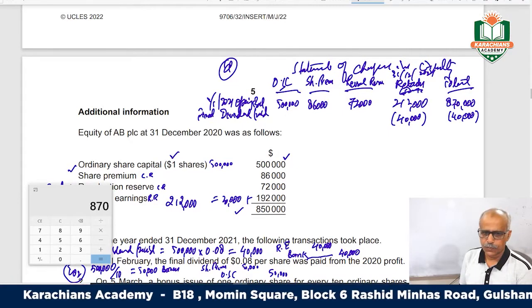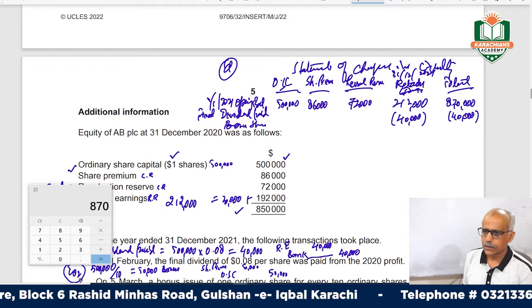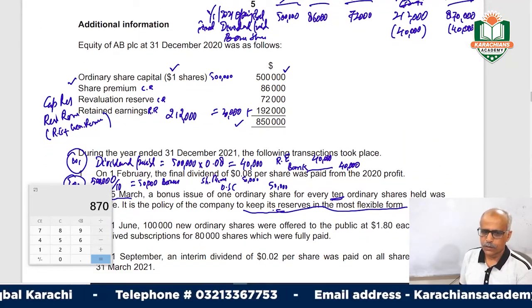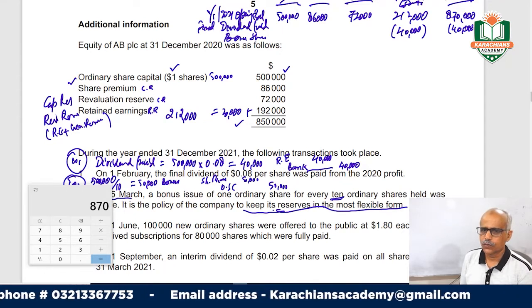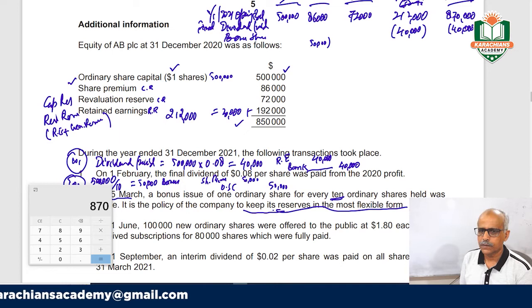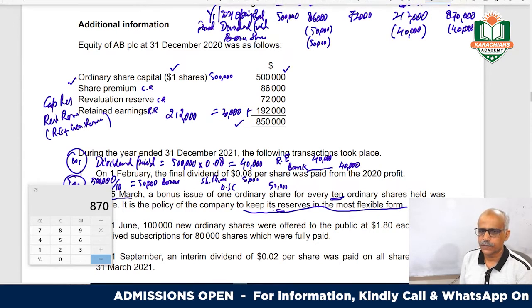So bonus shares, how are bonus shares affecting? Share premium is reducing, so we will reduce share premium by 50,000, and share capital is increasing. So okay, I will write it here just to save my space.